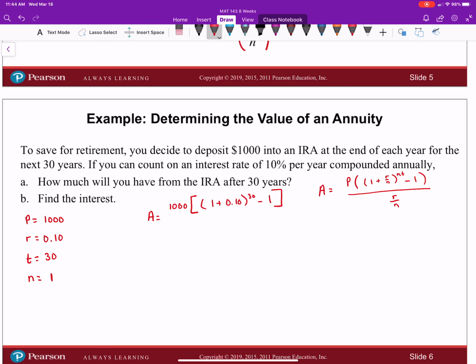Then it's minus 1, then you close your bracket. And now it's all over just your R, which is 0.10. So when you stick that in the calculator, make sure you stick it in exactly the way you see it. Then you'll get $164,494.